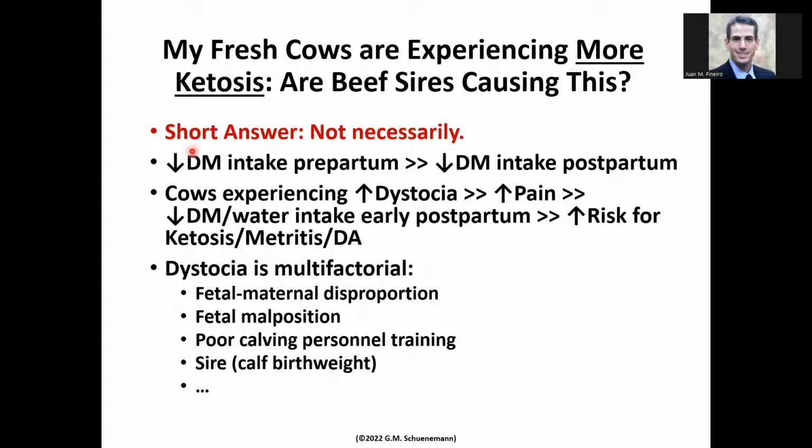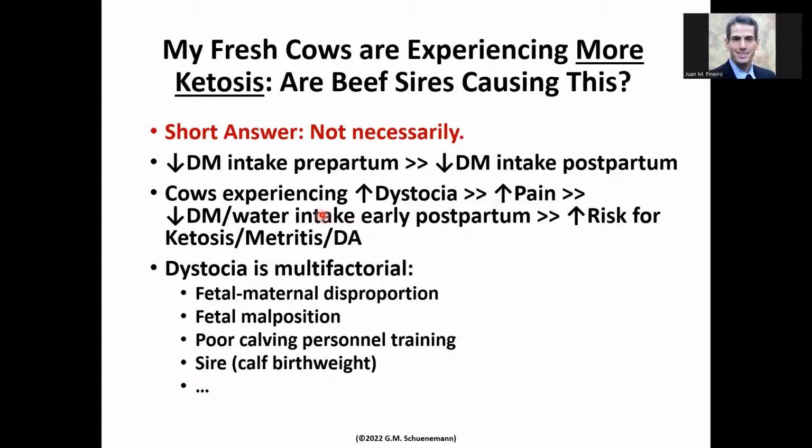And what we see when they have these ketosis issues is that prepartum cows are not eating well, right? And it's very difficult for those cows to eat well postpartum. Yes, when cows don't eat well postpartum and have to compensate for milk production, they lose more body weight, and the body weight has to be compensated by the liver, and then you see more ketosis. But that is not associated with the bull, right?